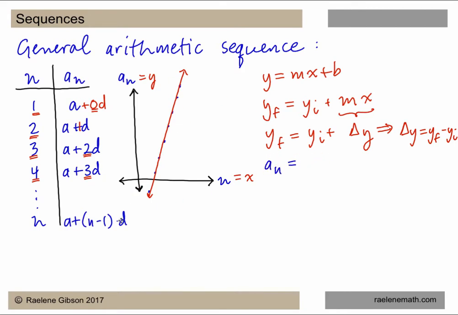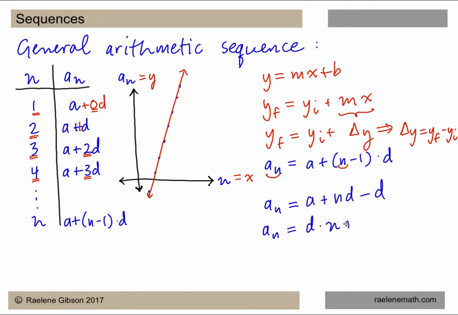The nth term is going to be a plus n minus 1 times d. And if we rearrange this, realizing that a_n is like y and n is like x, we get the rearrangement that a_n, after we expand it and rearrange it, is equal to d times n plus a minus d.